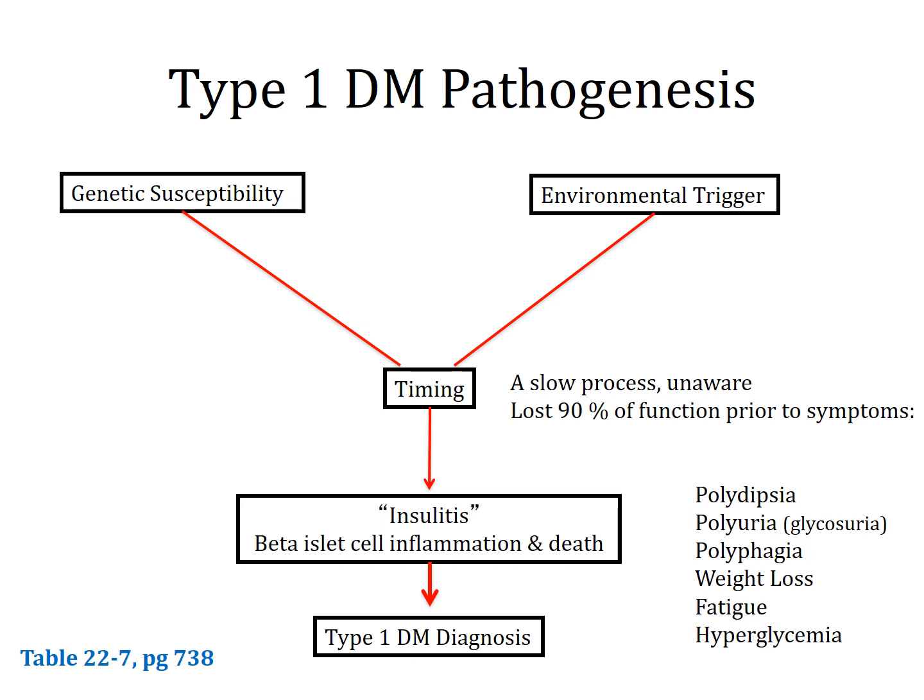You need to lose about 80–90% of the function of your beta islet cells to start developing the clinical manifestations of diabetes mellitus. So again, as you're losing your insulin, as you're losing your beta islet cells, you're not producing insulin. Your blood sugar levels are elevating.